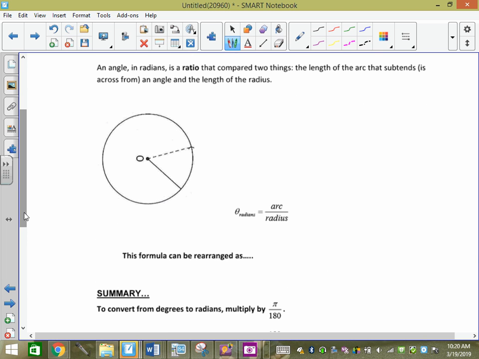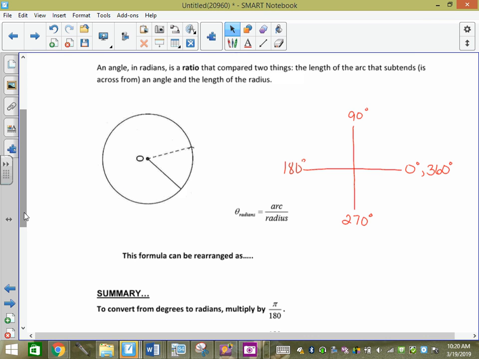So we're going to look here. This here is your 360. So say we did this, it would be 0, and we said 90, and then 180, and then 270, and then 360. We agree? The unit circle, which is what we're going to be using, has a radius of 1. We agree?